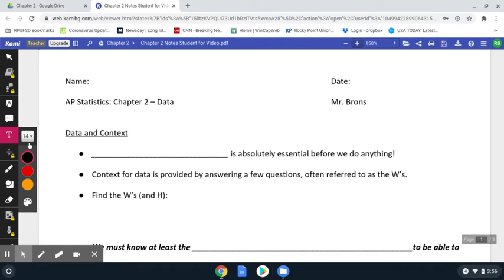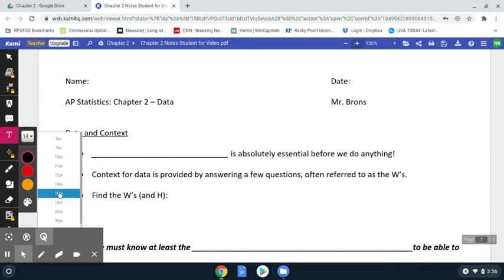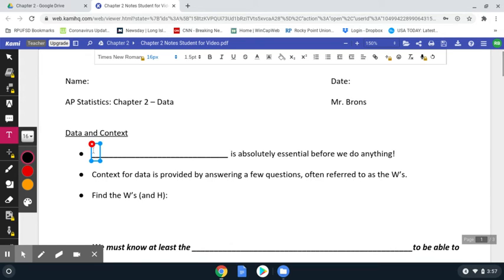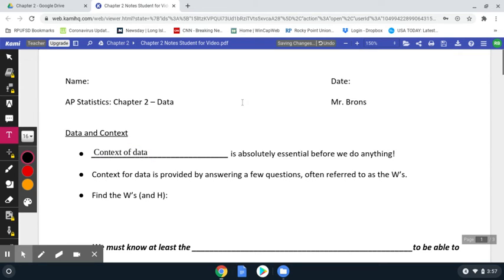So what we're going to do here in our first part, and I'm going to bump this up, I think, to 16 for now. We're going to drop in a little text box. And as you can see, I'm using Kami. So hopefully everyone has Kami on their Chromebook, which you should. So we have context of data. Kami gives us the ability to open up different documents, and mostly PDFs.